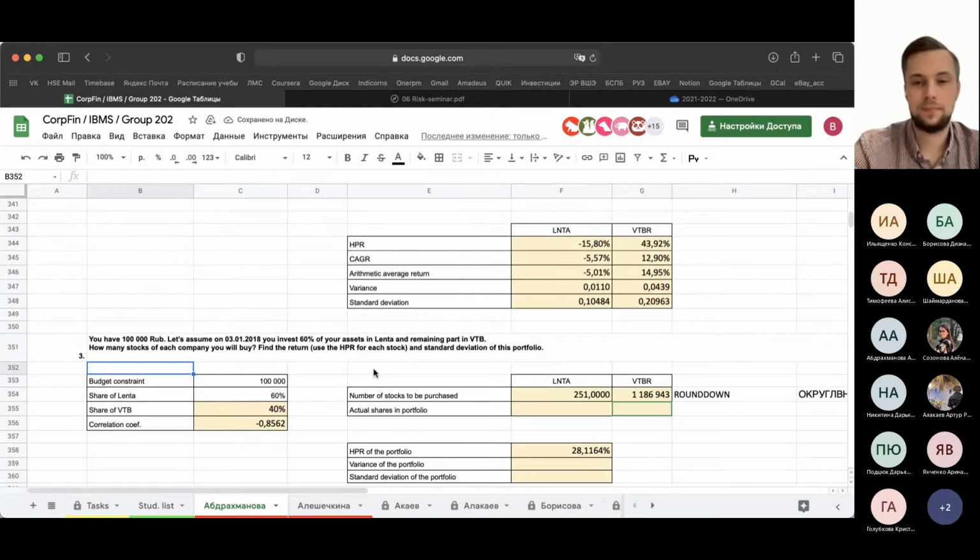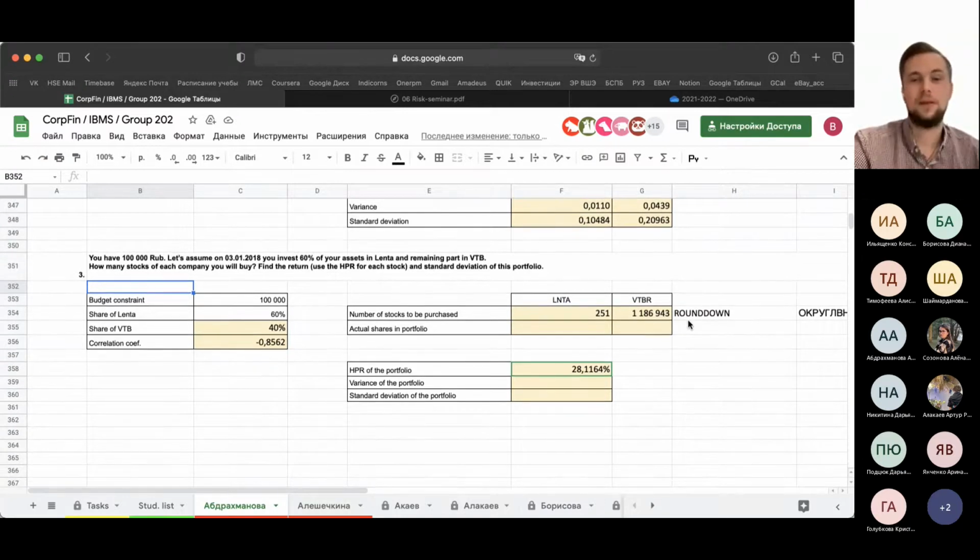Yeah, that's what I have also. So we are going to buy 251 shares of Lenta and this big number of shares of VTB. Okay, how to calculate actual shares in the portfolio?